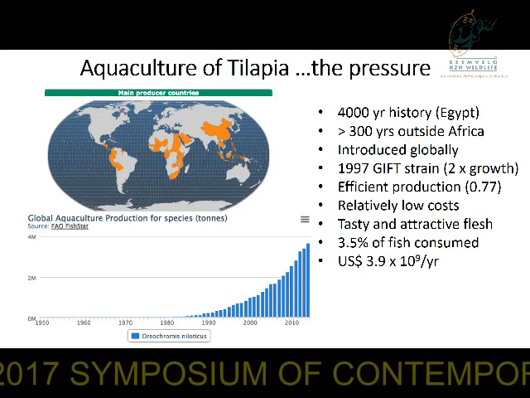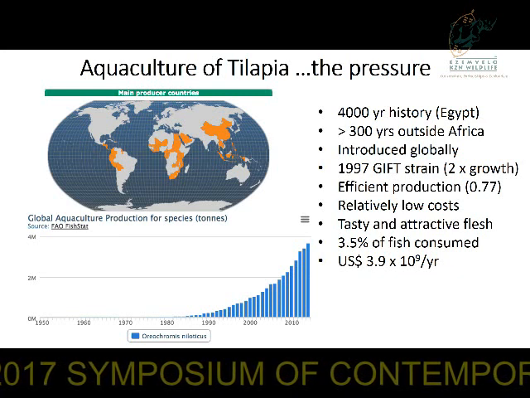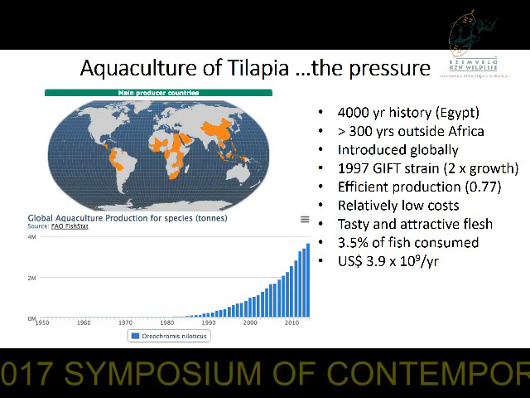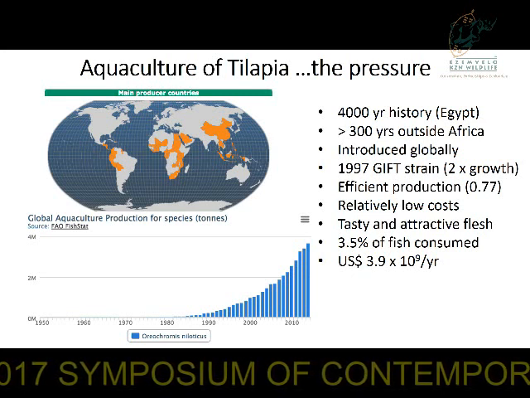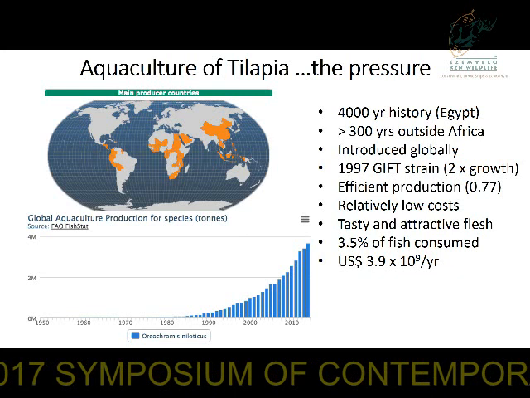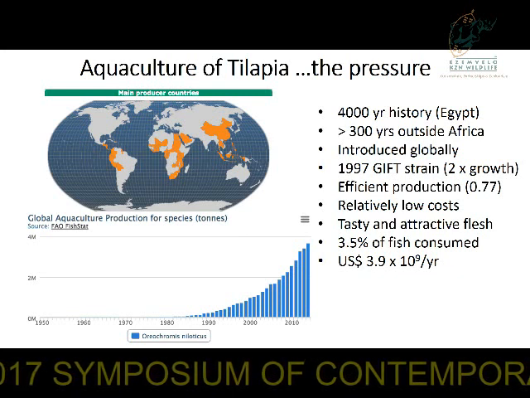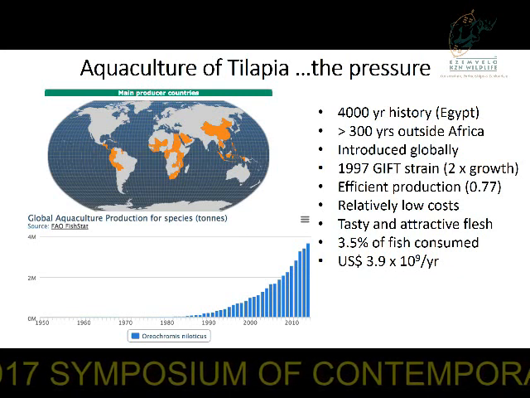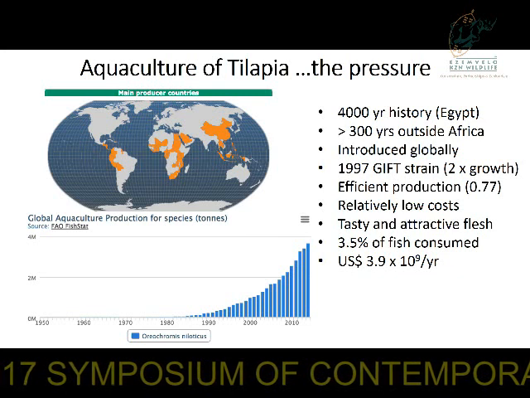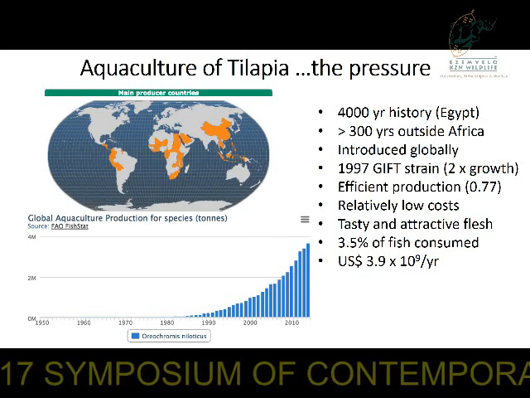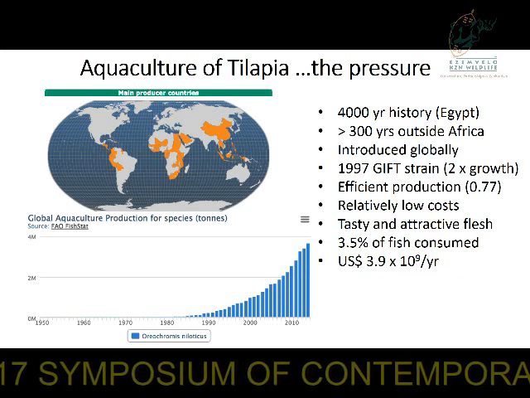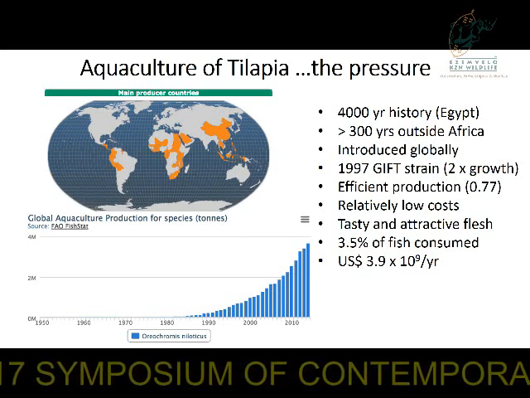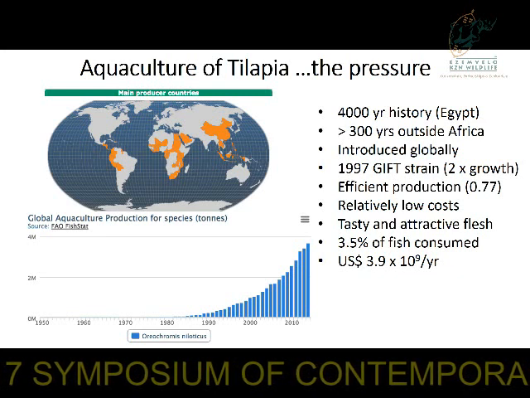It's not only Nile tilapia that's introduced globally. Mozambique tilapia has been introduced globally, and also another species, Oreochromis aureus, has also been introduced. The blue tilapia has been introduced globally as well. So they're widespread. In 1997, there was a genetically improved farm tilapia developed in the Netherlands in conjunction with several other institutes in Europe.